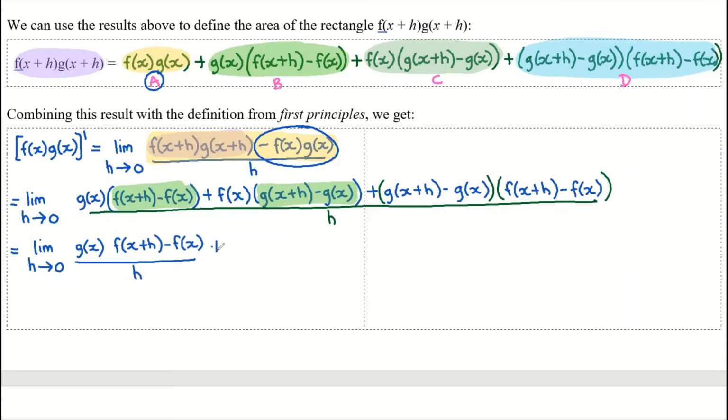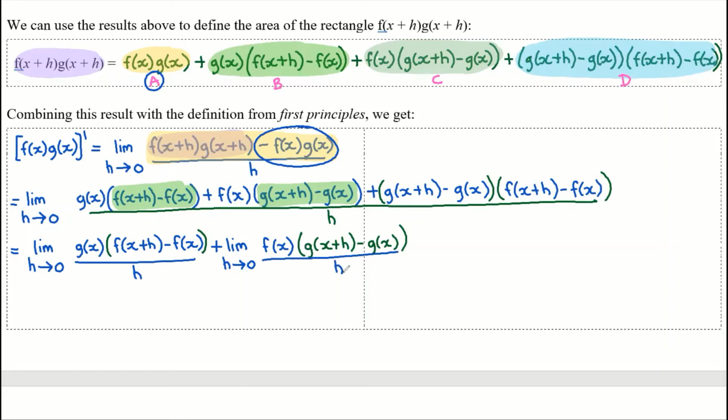Plus the limit as h approaches 0 of f of x multiplied by, and I should have put brackets around the first one really, multiplied by g of x plus h subtract g of x. Okay, all that is being divided by h.